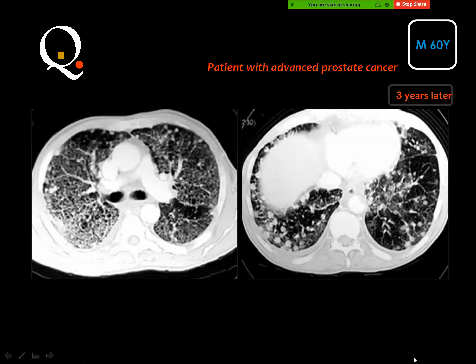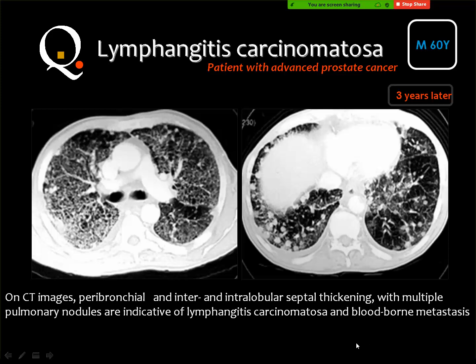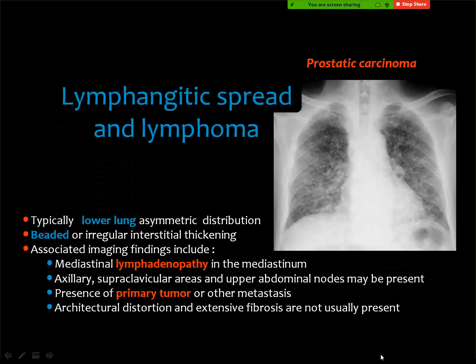Lymphangitis carcinomatosis. Yes, and this is lymphangitis carcinomatosa together with pulmonary metastatic nodules. You know that lymphatic metastasis can also be associated with blood-borne metastasis. Both can exist in the same patient, but the presence of interstitial opacities in the presence of a known primary malignancy is diagnostic of lymphangitis carcinomatosa.